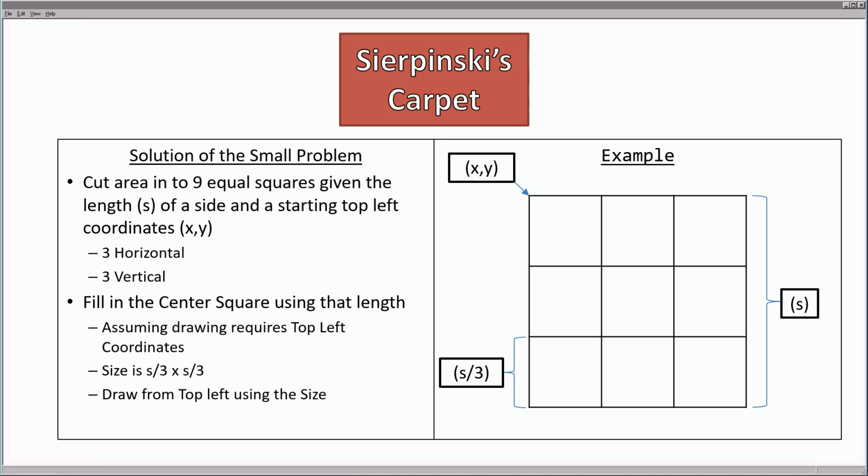Now, given that x and y coordinate and also the length of one of these sides, which we'll just call s, the first thing that we have to do is divide this into 9 regions by simply dividing s by 3. So this gives us 1, 2, 3 vertical, 1, 2, 3 horizontal, 9 different squares.